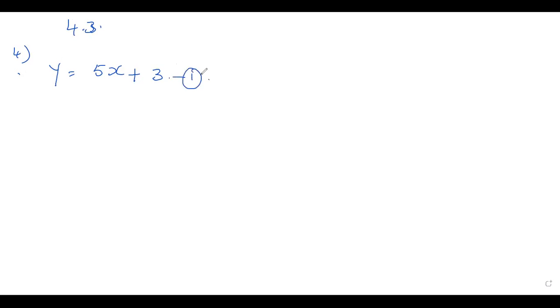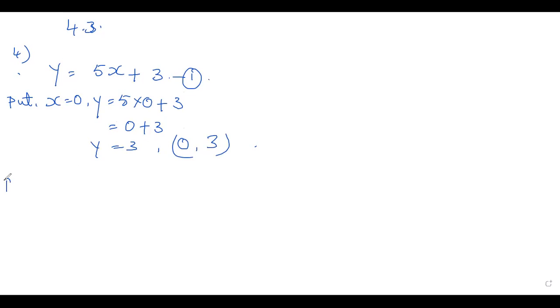Write the equation number 1. Put x is equal to 0. Now y is equal to, first we have to write the equation. Okay, now we are finding the points. The points we get, you have to represent on the graph. 5 into x is 0 plus 3. 5 into 0, 0 plus 3, that is 3. Write the points here. x is 0, y is 3.